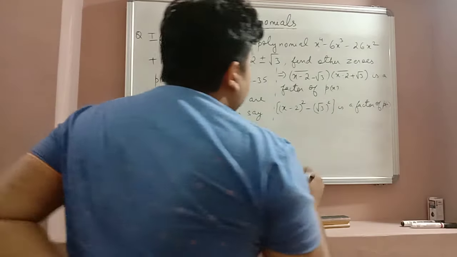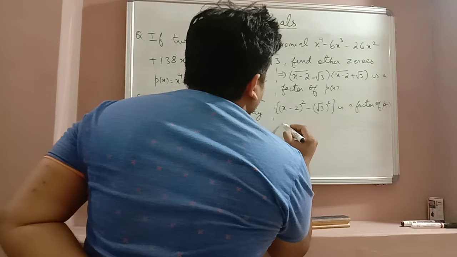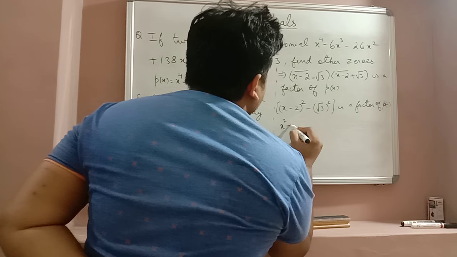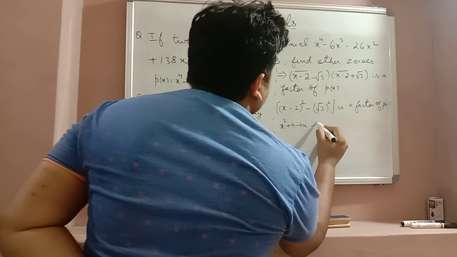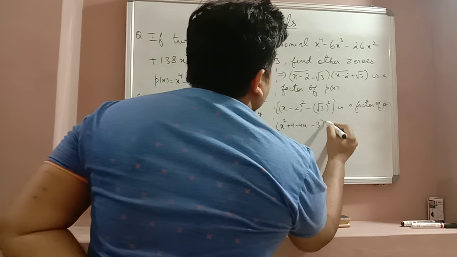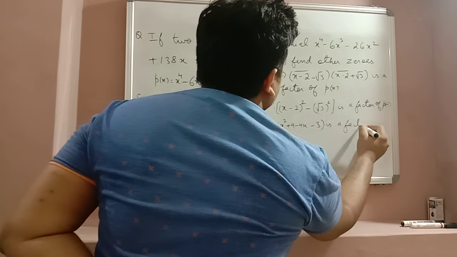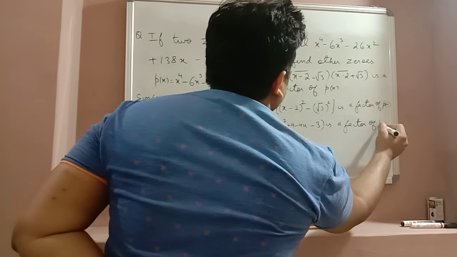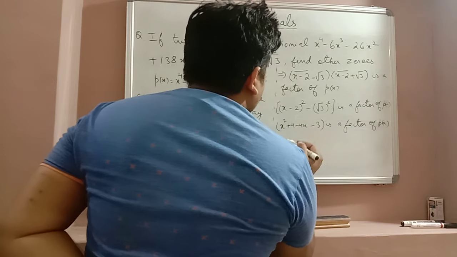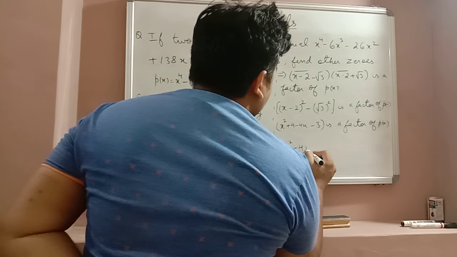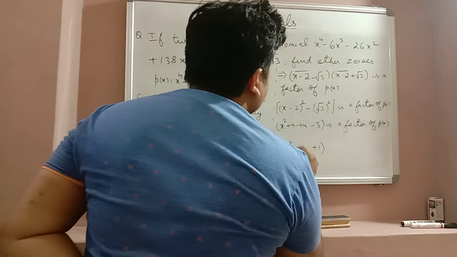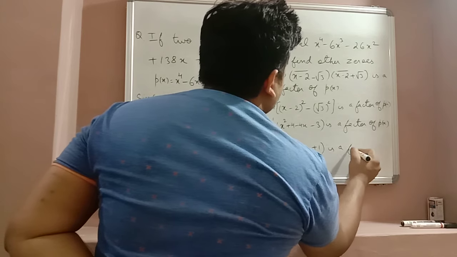On simplifying this, I'll get x square plus 4 minus 4x minus 3 is a factor of p of x. Or we can simply say that x square minus 4x plus 1 is a factor of p of x.